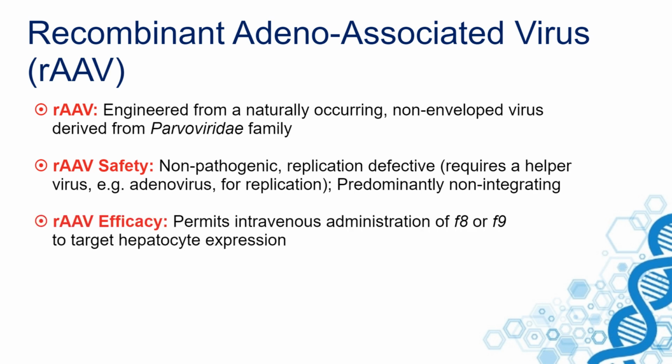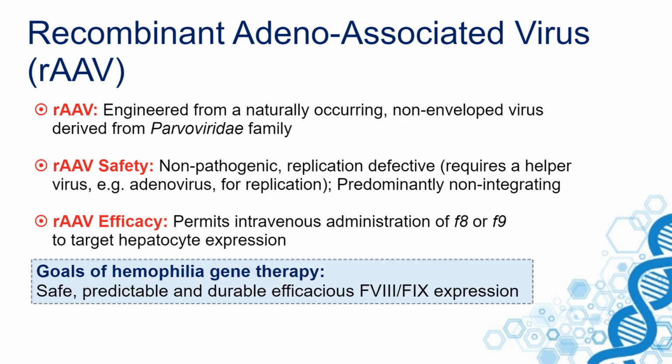And then from an efficacy standpoint, AAV permits intravenous administration for hepatocyte expression of factor 8 or factor 9 following gene transfer. And of course, the culmination of studying AAV for gene therapy is the ultimate goal to provide safe, predictable, and durable factor 8 or factor 9 expression that's adequate to either markedly reduce or prevent bleeding events.